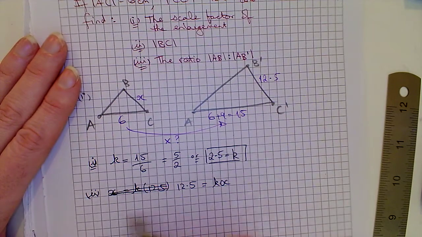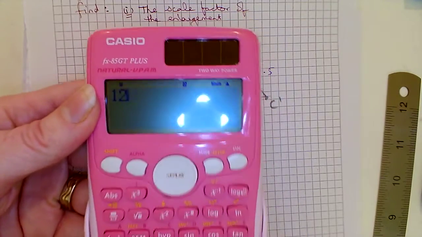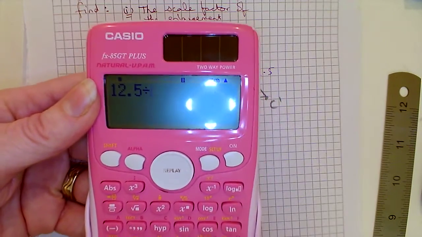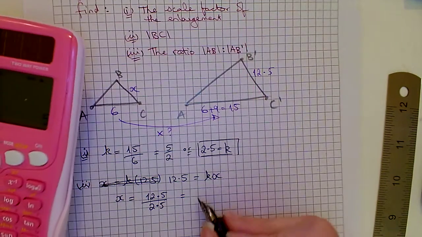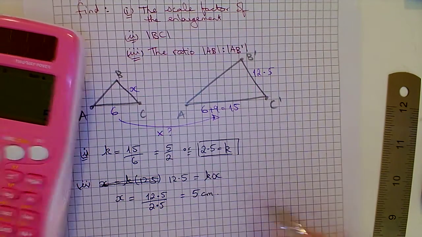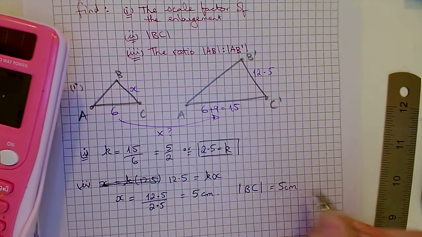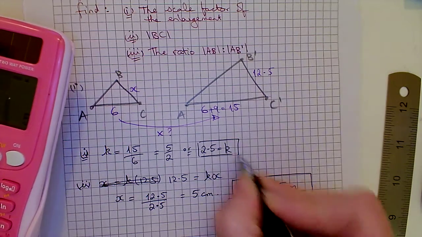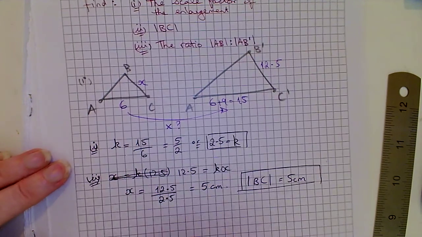In any case, to find x, because we know k, x is going to be 12.5 divided by 2.5. Divide by my scale factor and I get 5 centimetres. So B to C is 5 centimetres. There are no units on the scale factor because that's a scalar that we're multiplying by.